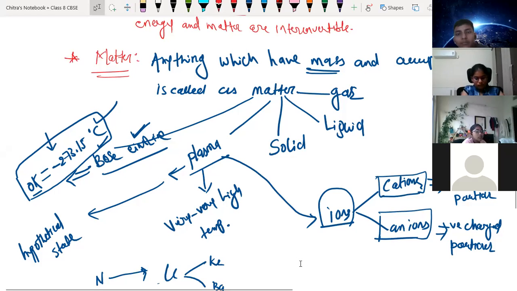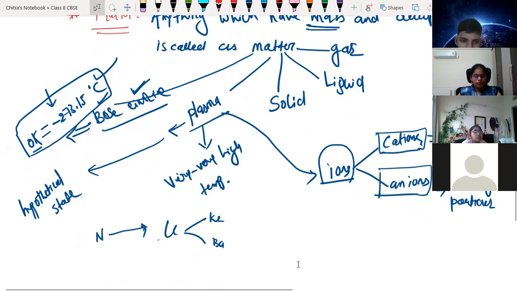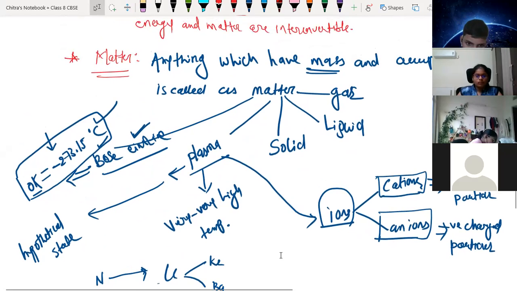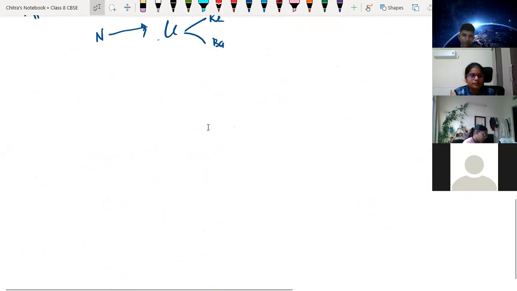After uranium, it's krypton and the other one is barium, Ba. Yes, it is nuclear waste. Okay, we'll move further.